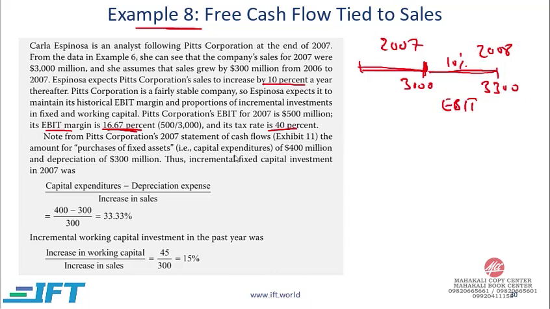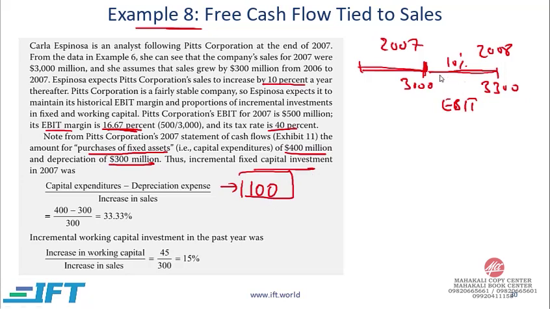Let's start with fixed capital. We've already said that the investment in fixed capital is tied to the increase in sales. We are also given this information. The amount for purchases of fixed assets was 400 million and the depreciation was 300 million. So the incremental expense on fixed capital is 100. And now you are looking at this as a percentage of sales.